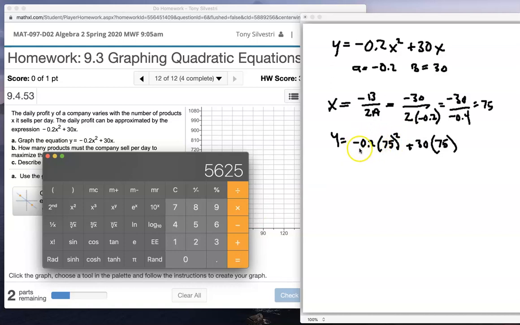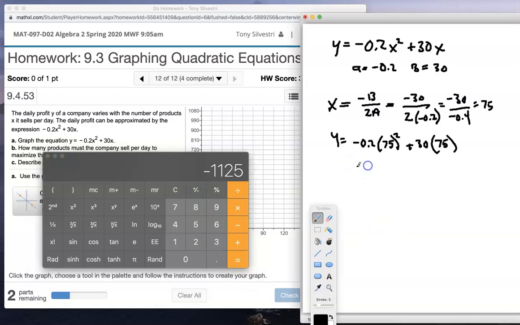Multiply that by negative 0.2. Where's the negative here? Uh-oh, I think I screwed it up. Let's clear it. 75 times 75, times negative 0.2 equals, okay, all right, I'm going to write that down.